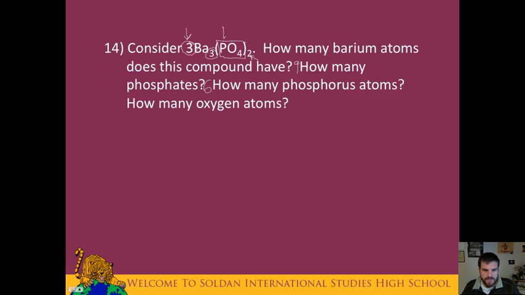There is 1 phosphorus atom here, but then this is multiplied by 2 because of the 2 here, so now there's 2. Times 3 is 6 phosphorus atoms. And how many oxygens? There are 4 oxygens inside the parentheses. Times 2 is 8. Times 3 is 24 oxygen atoms.